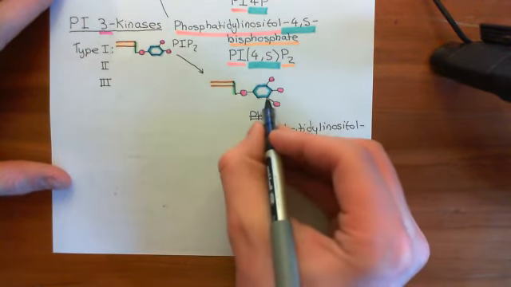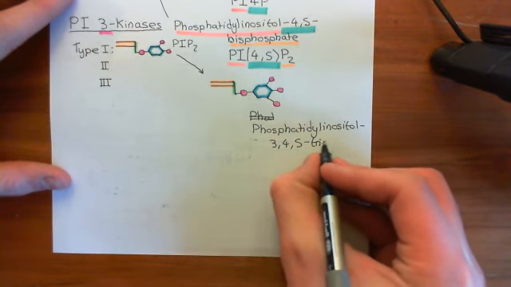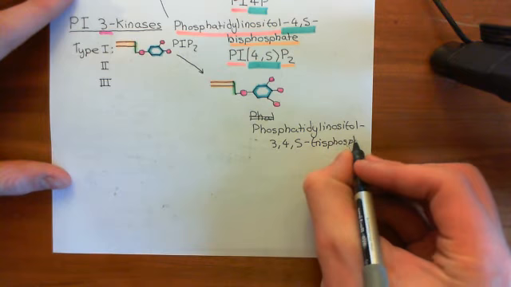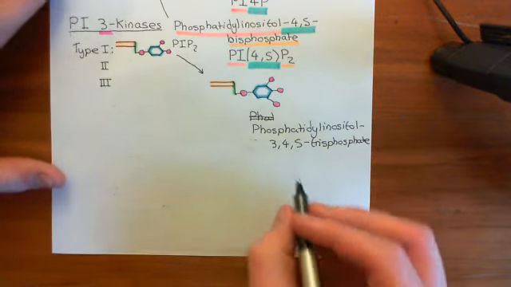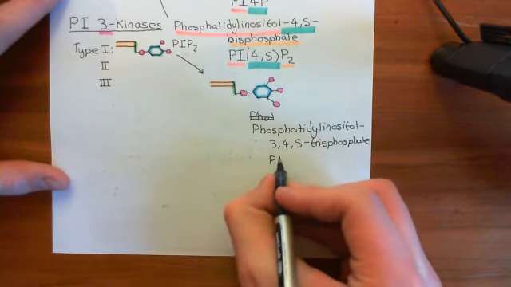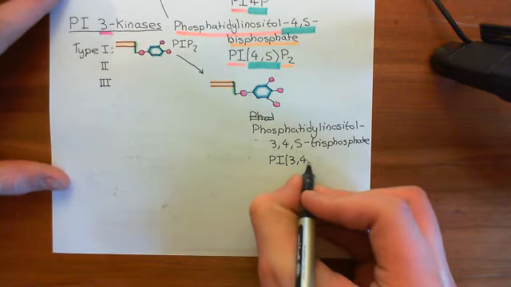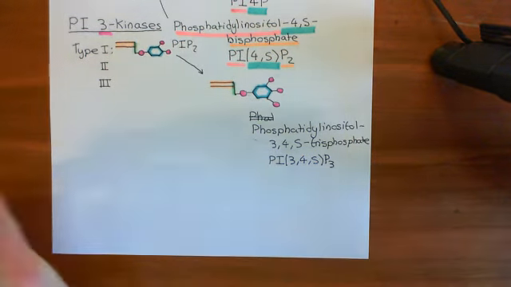We have phosphate groups coming off the 3rd, the 4th, and the 5th carbons. So it's phosphatidylinositol 3,4,5-trisphosphate, because you have 3 phosphate groups. For short, this would be abbreviated as PI for phosphatidylinositol, and then you put brackets 3,4,5, and then close brackets P3, like so.